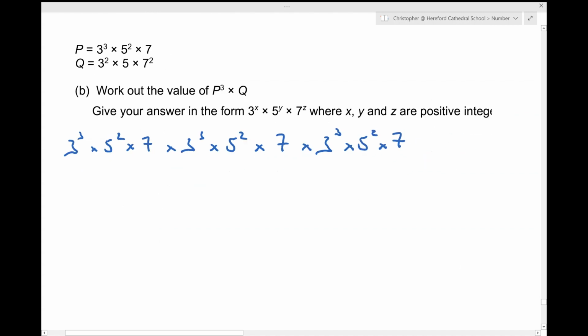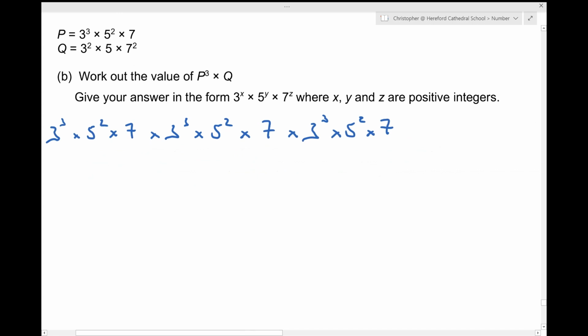And then I've got to multiply that by Q. Multiply it by 3 squared times 5 times 7 squared. So I've got 3 to the power of, remember you're going to add the indices, 6, 9, 3 to the power of 11, times 5 to the power of 2, 4, 6, 7, times 7 to the power of 1, 2, 3, 4, 5. There you go.